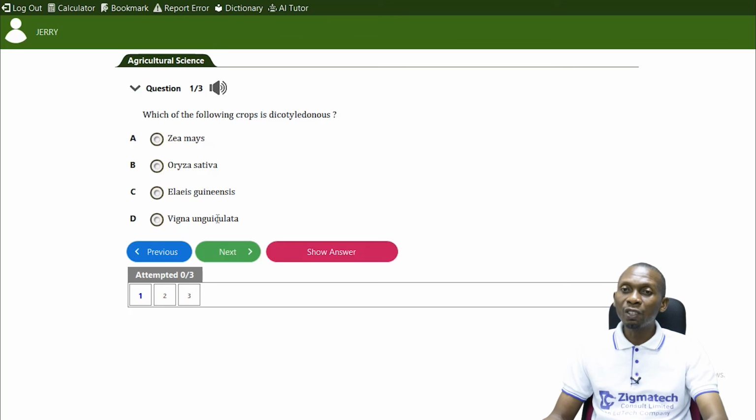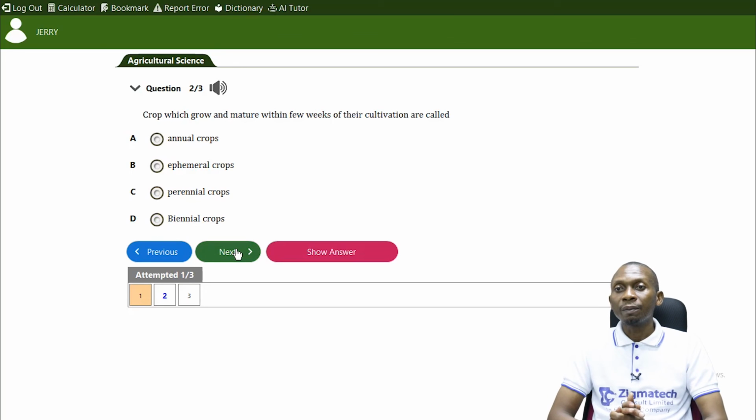And parallel venation belongs to crops that are monocots. So Zea mays, Oryza sativa, and Elaeis guineensis are monocots, while Vigna unguiculata, which is a leguminous crop, beans, cowpea, is a dicot. So the answer is Vigna unguiculata, which is cowpea.